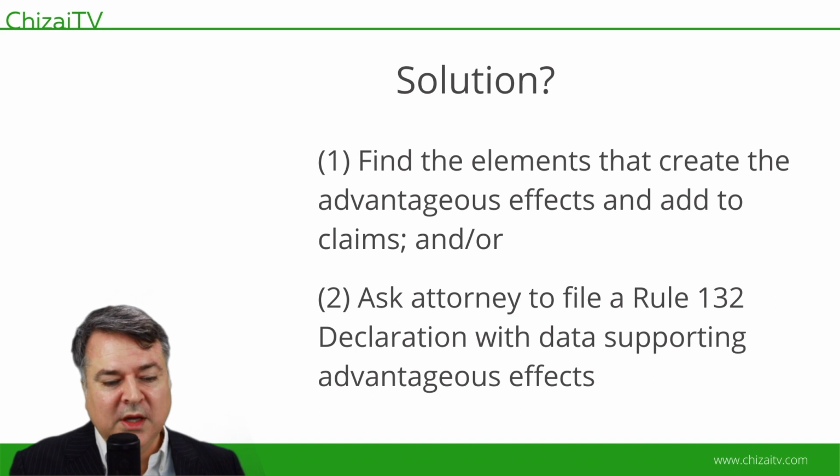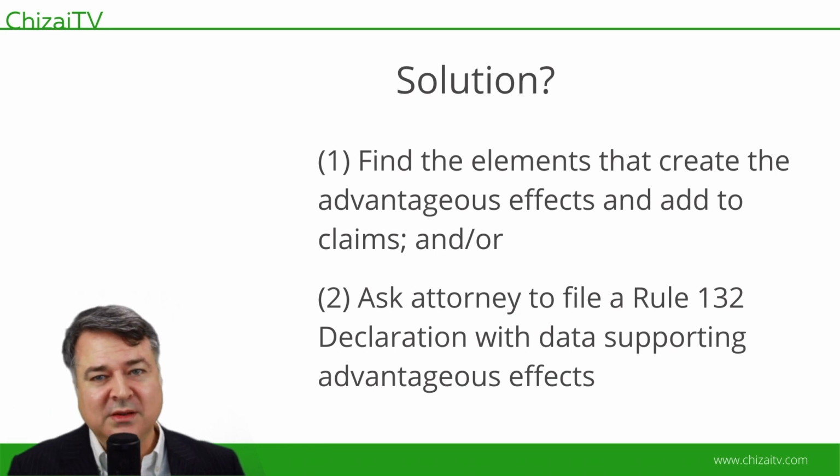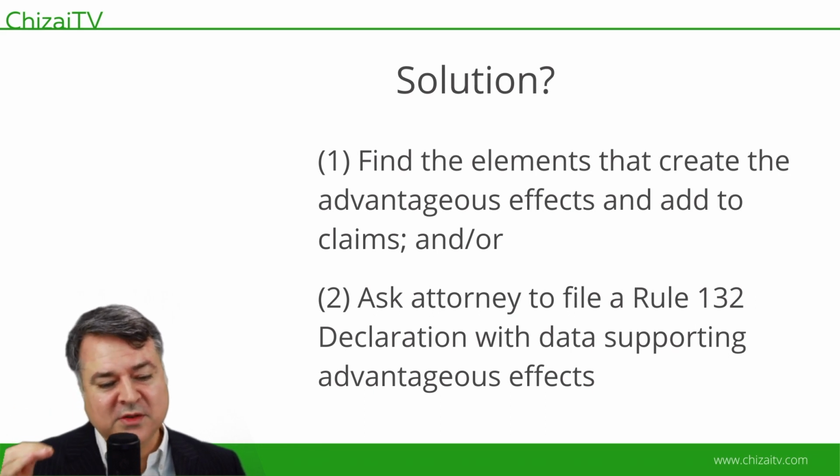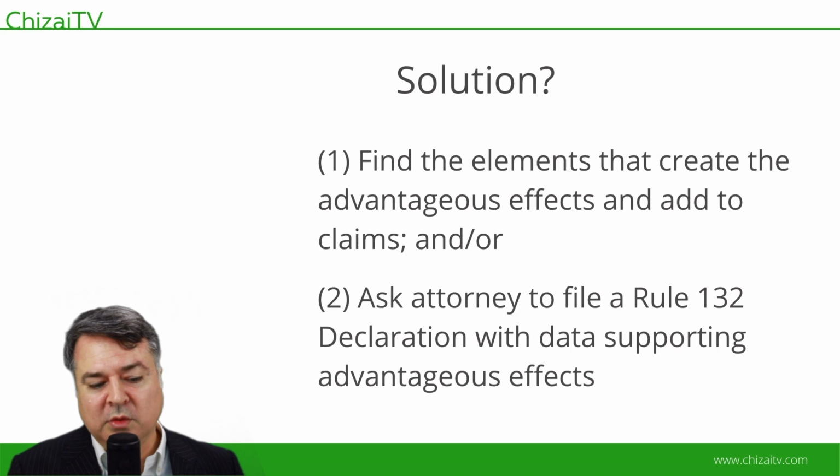Another option, if your advantageous effects are not just advantageous but unexpected results and they're really extraordinary, it's a little bit of a higher standard, but if the effects are really strong, you can choose option 2: ask your attorney to file a Rule 132 declaration and then provide some data that supports the extraordinary advantageous effects.